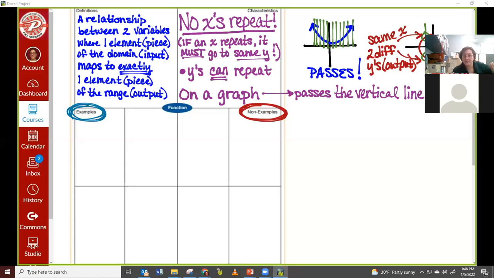All right. I've got an entry here. The first one that I've got is the ordered pair 4, 4. You guys think that that would be a function or not a function?